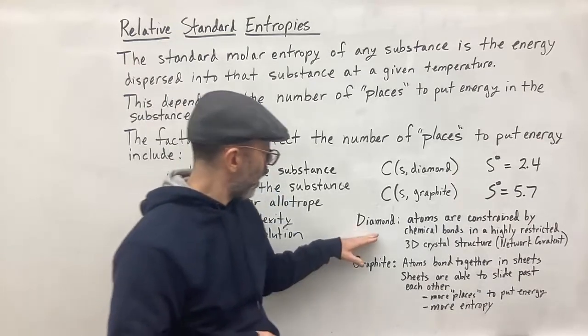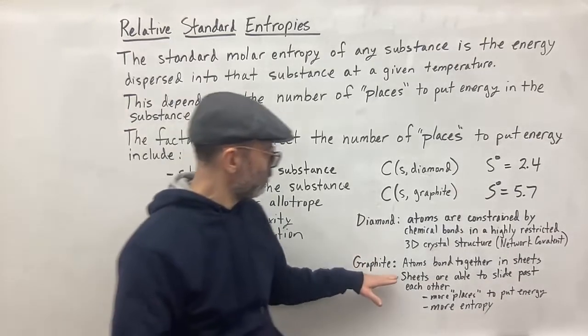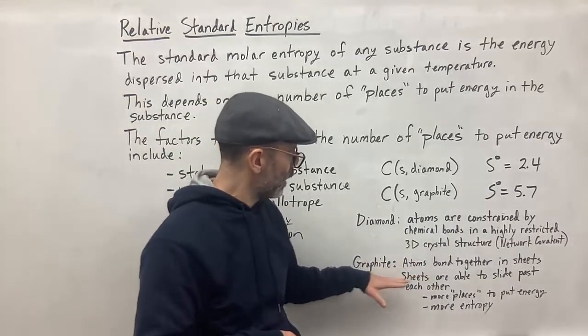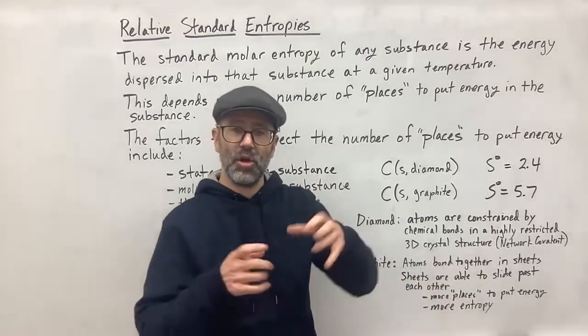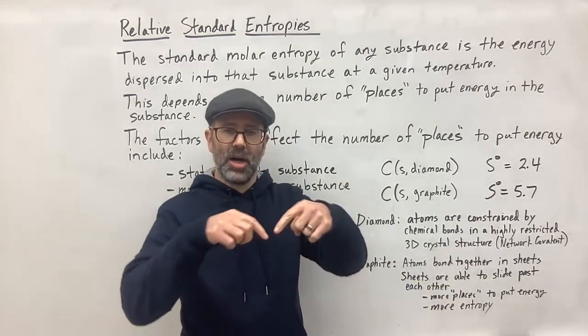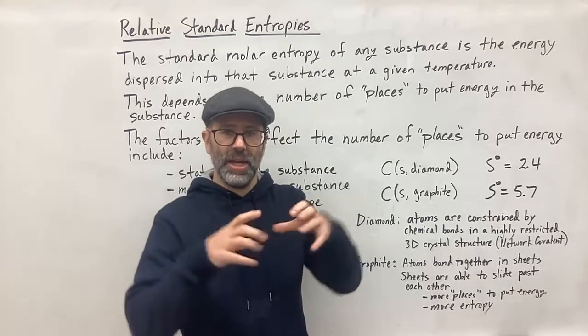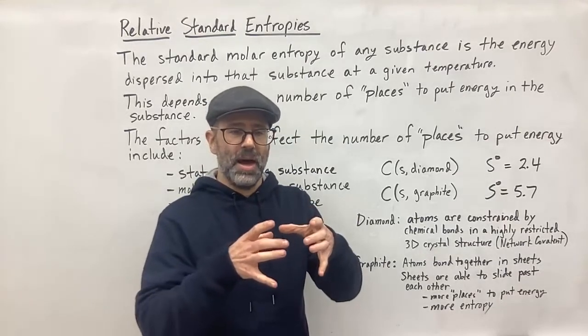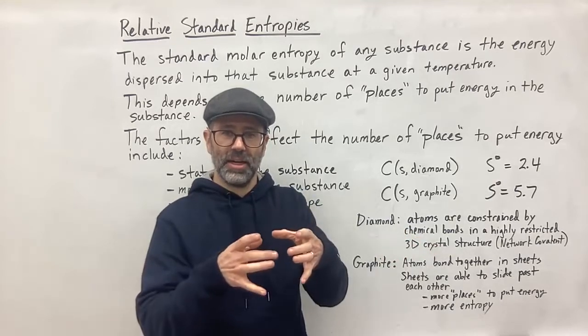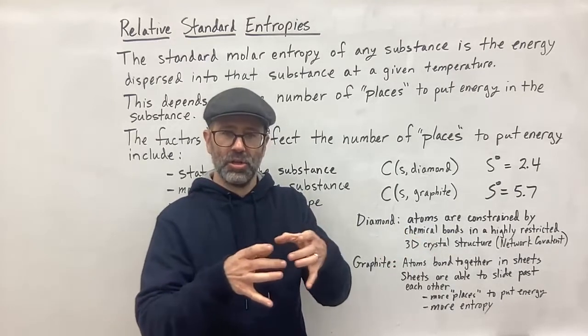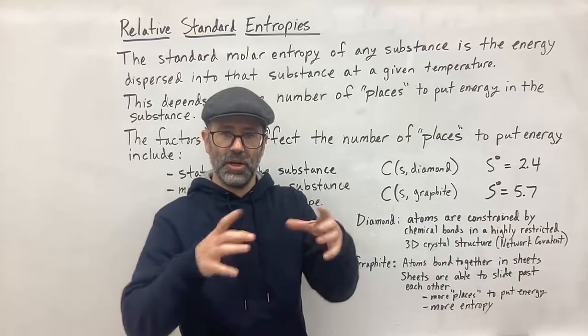If you compare that to graphite, in graphite the atoms are bonded together in sheets. So these carbon atoms are bonded in circles, in kind of 6-sided figures.